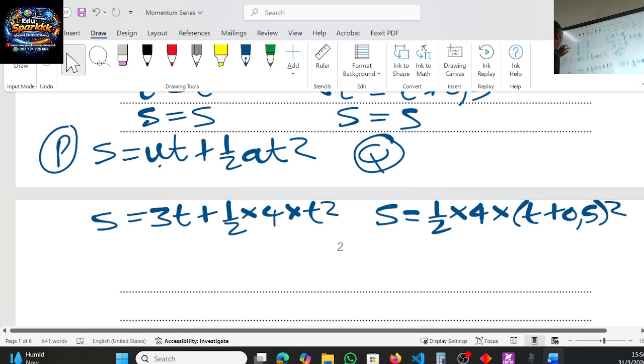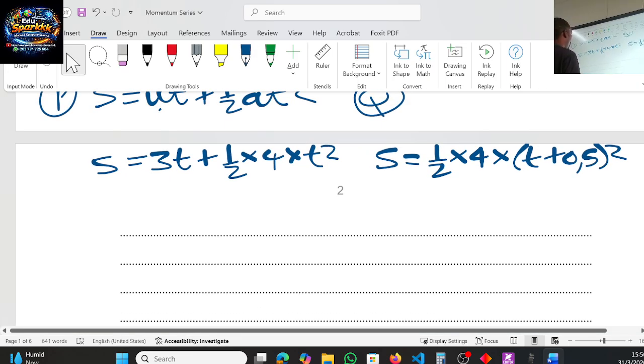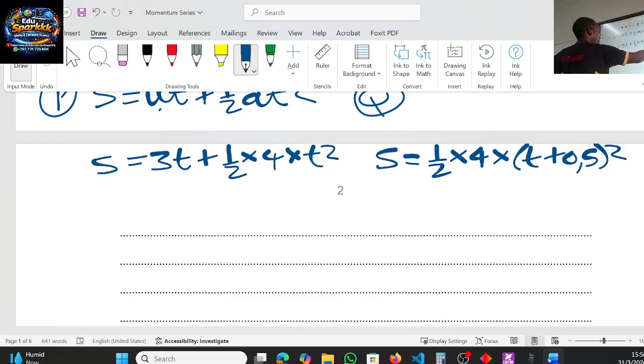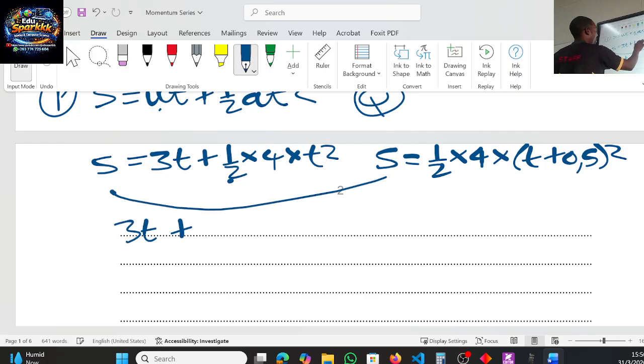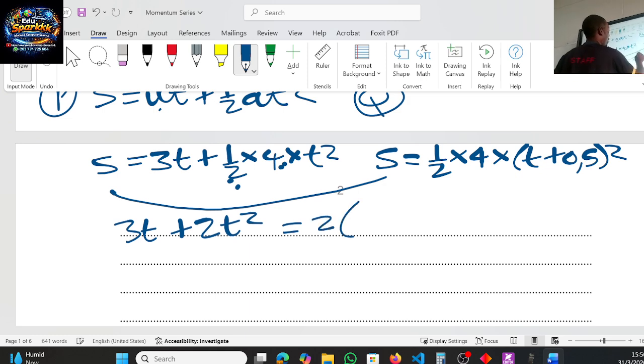So let's proceed with our calculation. Now we are allowed to combine the left and the right because they both are equal to S. So we can choose to say 3t plus, when I simplify here, it gives me 2t squared. But this side, when I equate, because we're saying it's equal to the same, I'll have 2 outside the brackets.